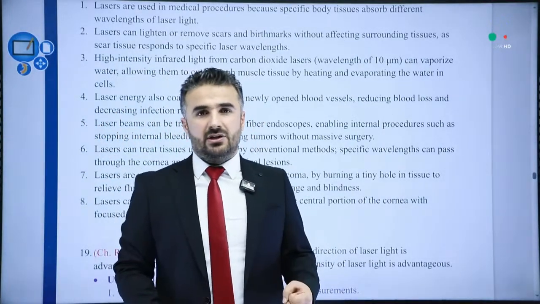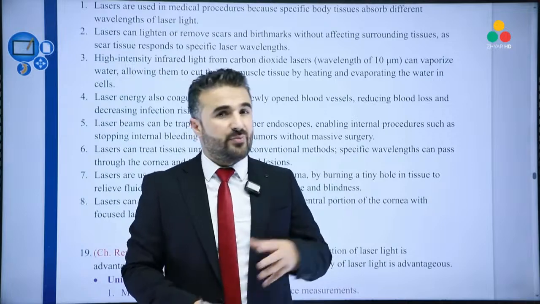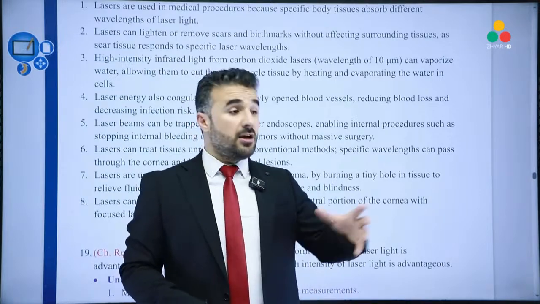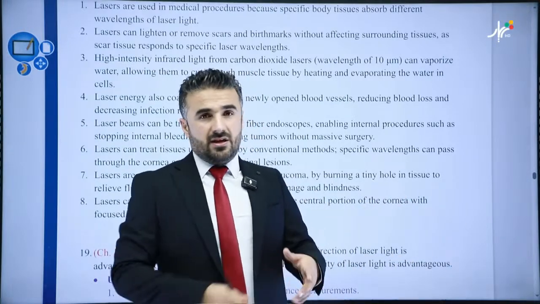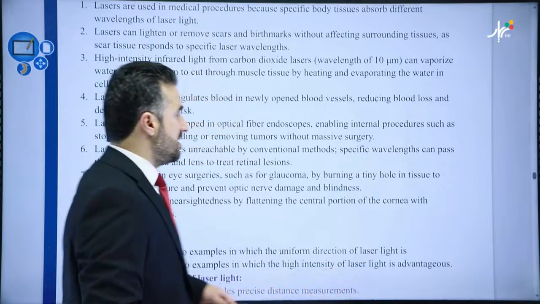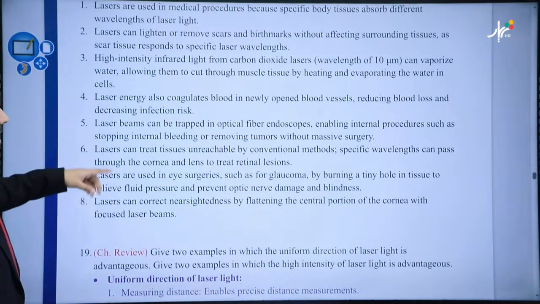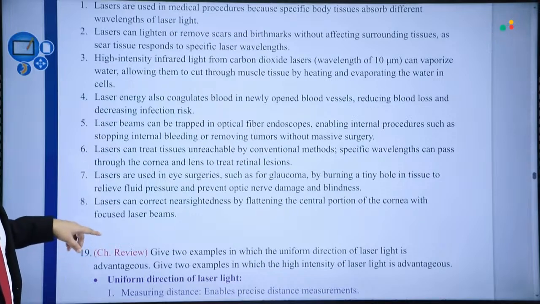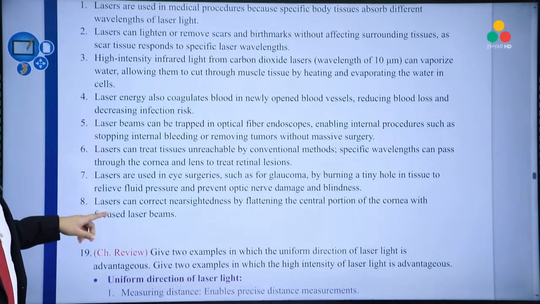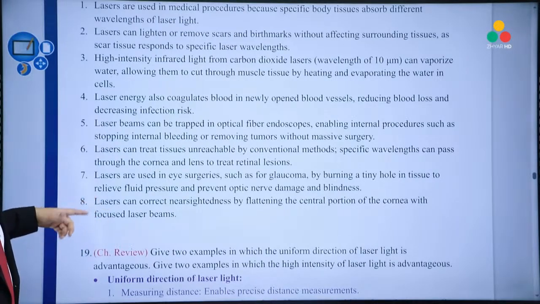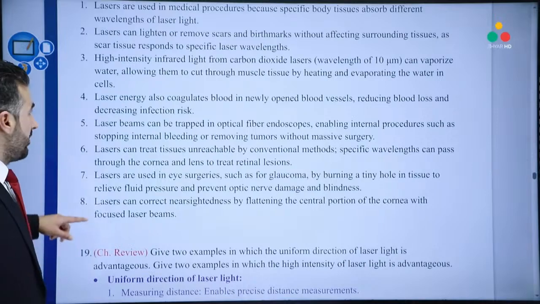Laser light has the ability to evaporate the water in that tissue, penetrate through it, kill the cell, or cut it. Because of their high intensity, they can be used as a regular scissor instead of an ordinary scissor.